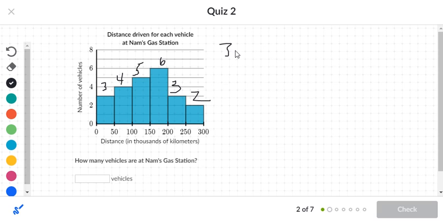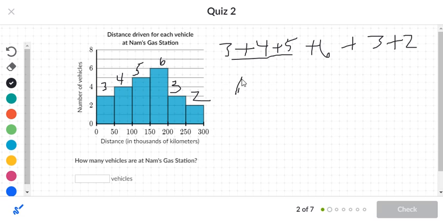So we would take 3 plus 4 plus 5 plus the 6 plus the 3 and then plus the 2. So we add here, we get 7 plus the 5, so that's going to give me 12.